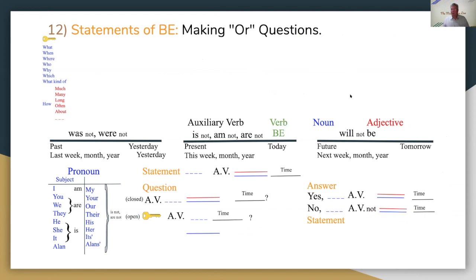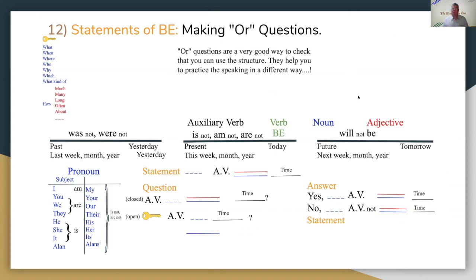Now there's one more kind of question, which is an or question. A or B, beer or wine, red wine or white wine. These are the or questions. They're a very good way to check that you can use the basic structure. They help you by speaking in a different way.